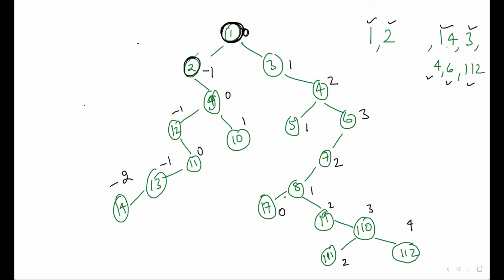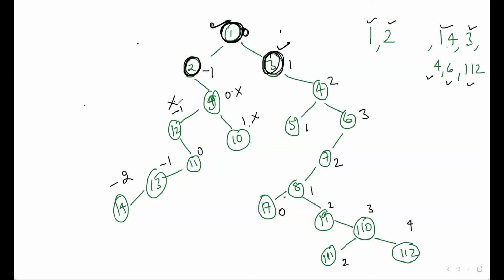This also will be printed because it is present at horizontal distance minus 1 and at a very high level. This also will be printed. Next, do I need to print this? No, we already have a node which is present at a higher level at this distance. Do I need to print this? No, because we have one more node at a higher level with this distance.